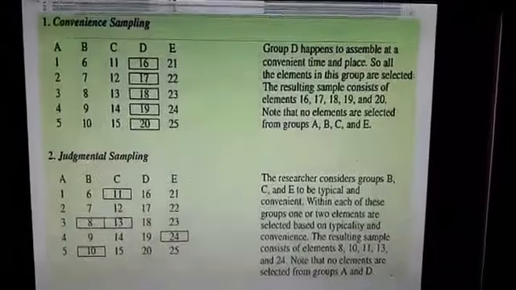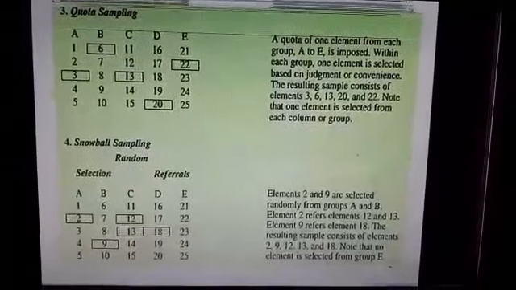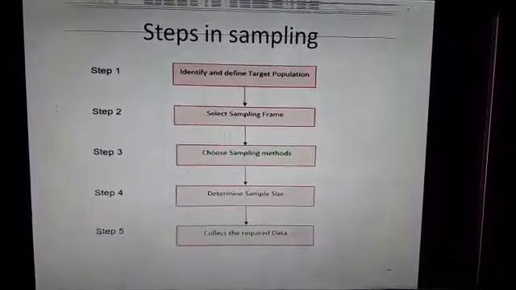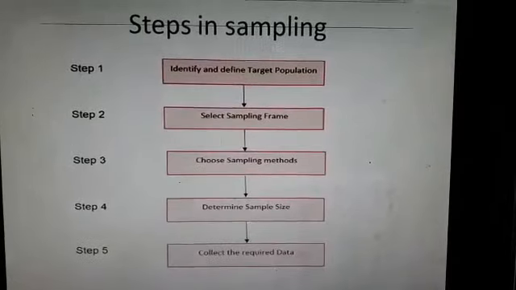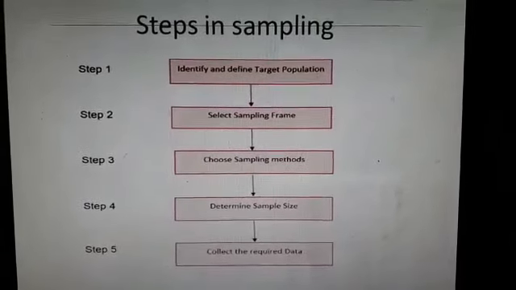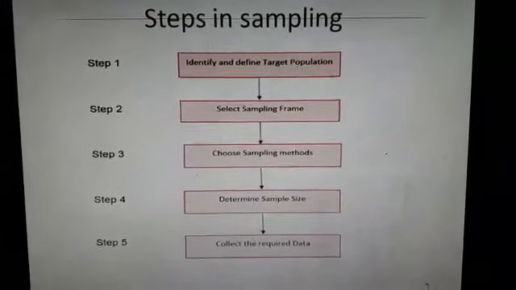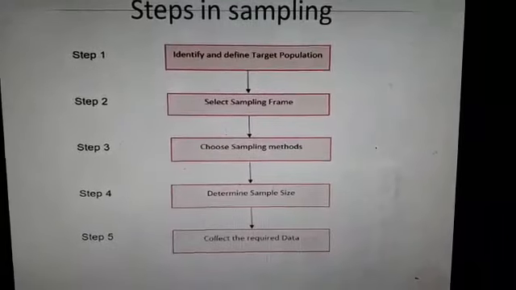These are a few examples of how convenience sampling, judgmental sampling, quota sampling, and snowball sampling are carried out. So this is all about the sampling methods we have discussed, probability and non-probability. In probability we discussed simple random sampling and cluster sampling, and in non-probability we discussed convenience sampling, judgmental sampling, snowball sampling, etc.